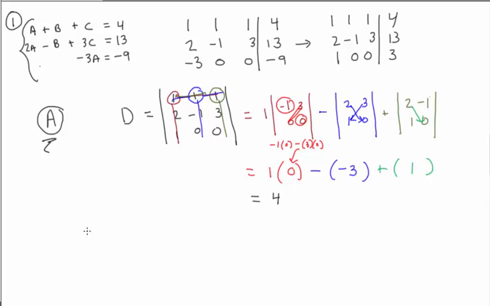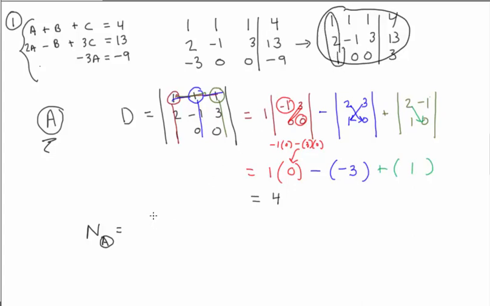So now let's take a look at the numerator. But it's the numerator for A because I'm solving for A, and I would do the similar process for B and C. So I'm trying to find the numerator for the A value. So I'm going to come back to this original, and I'm solving for A. So A is associated with the first column here.